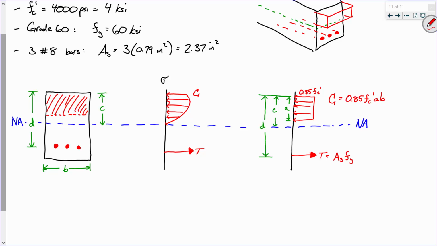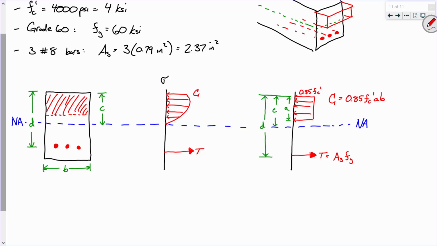If you agree that compression equals tension, answer me this. What don't we know? A. We don't know a. We need to determine how deep that stress block needs to be such that C equals T. Sound good?